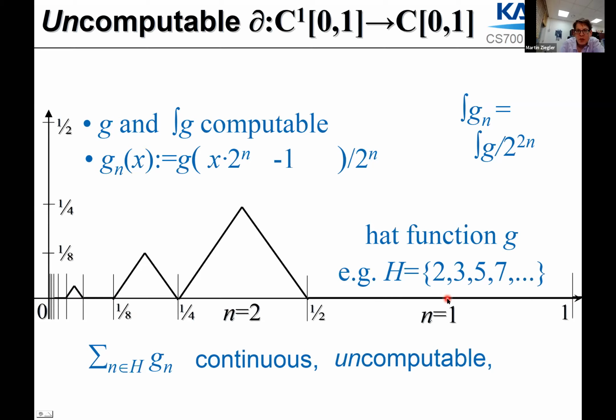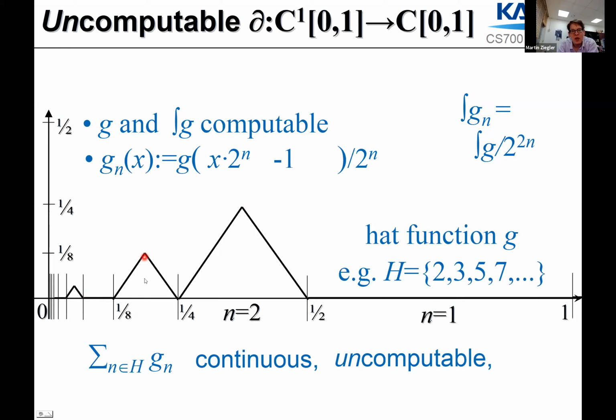Why is this uncomputable? Intuitively, because we have thrown in the halting problem, but more formally, because we could solve the halting problem if this function were computable. If this function were computable, then we could evaluate it at some midpoint, at any given midpoint of these smaller and smaller intervals, right?